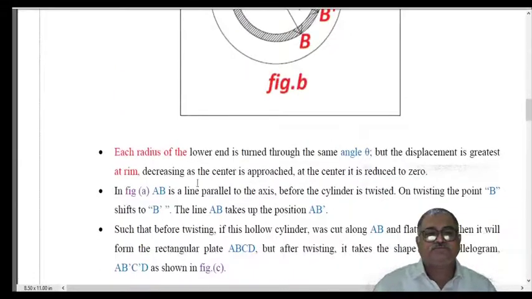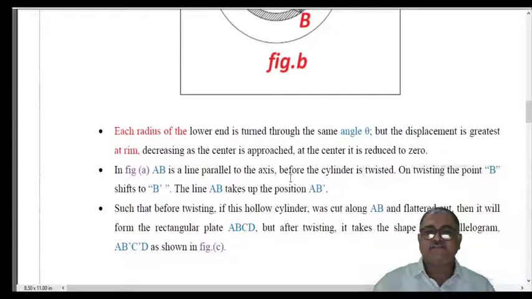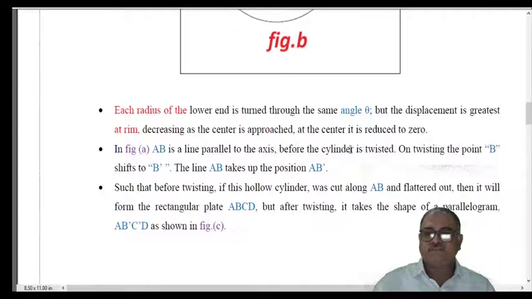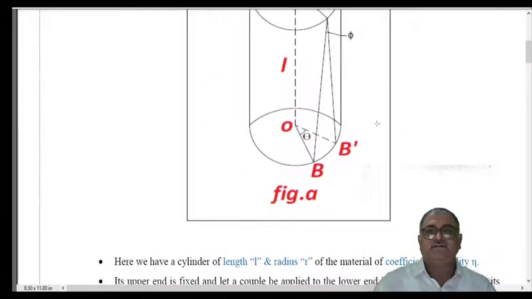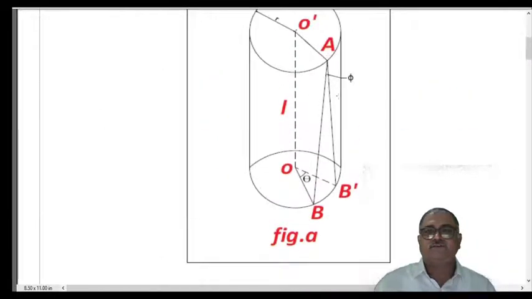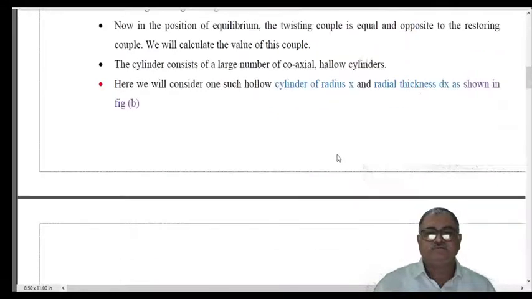And now in figure A again, AB is a line parallel to the axis before the cylinder is twisted. On twisting, the point B shifts to B dash and the line AB takes up the position AB dash. In this way, this line takes the position AB dash.